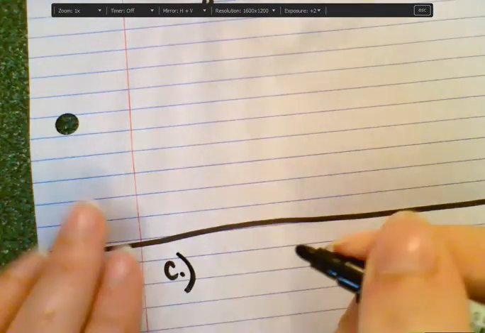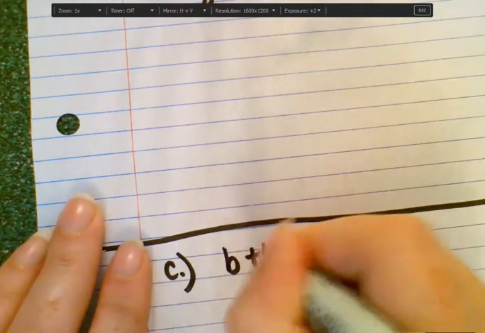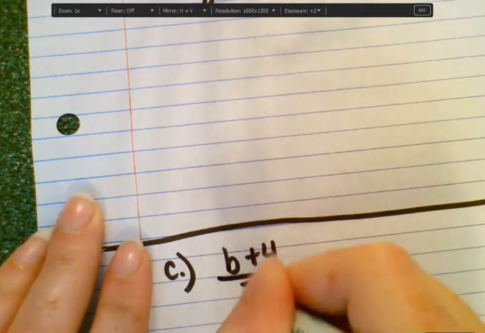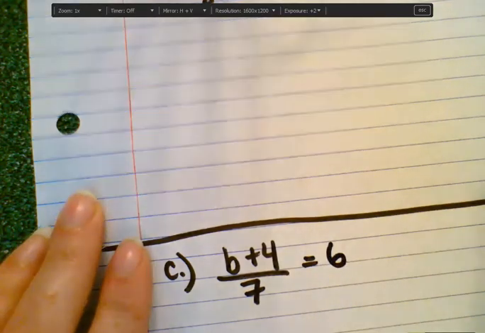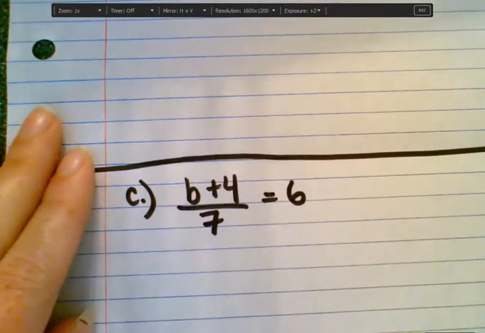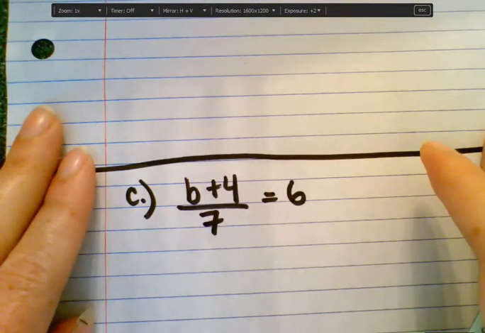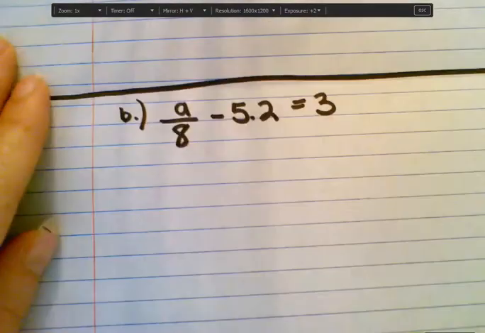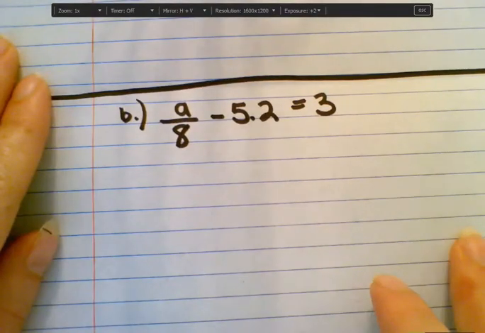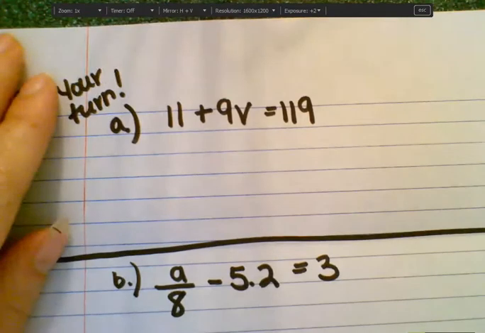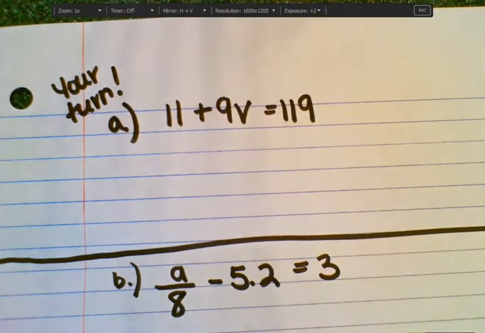And letter C is going to be b plus 4 over 7 equals 6. Okay, so I'll show you those one more time, just in case you want to check you have them down correctly. And go ahead and move on to the next video once you have actually completed these problems.